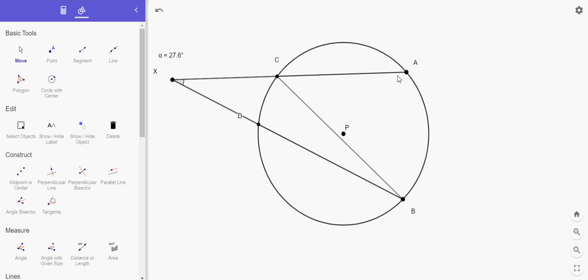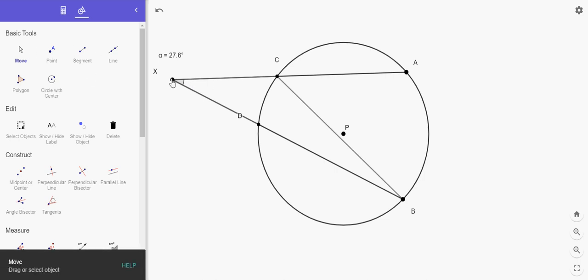This angle is half of this arc, so because this is exterior to these two, this plus this is this, so this minus this is this angle, which means half of this arc minus half of this arc is equal to this angle right here.